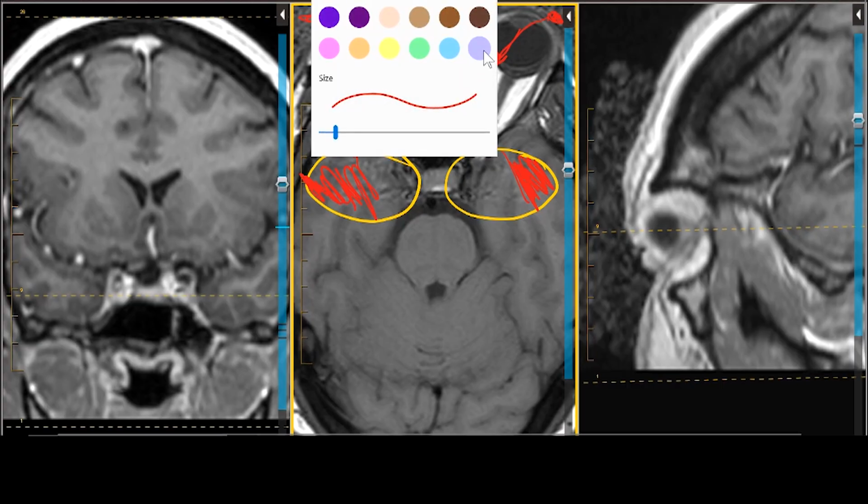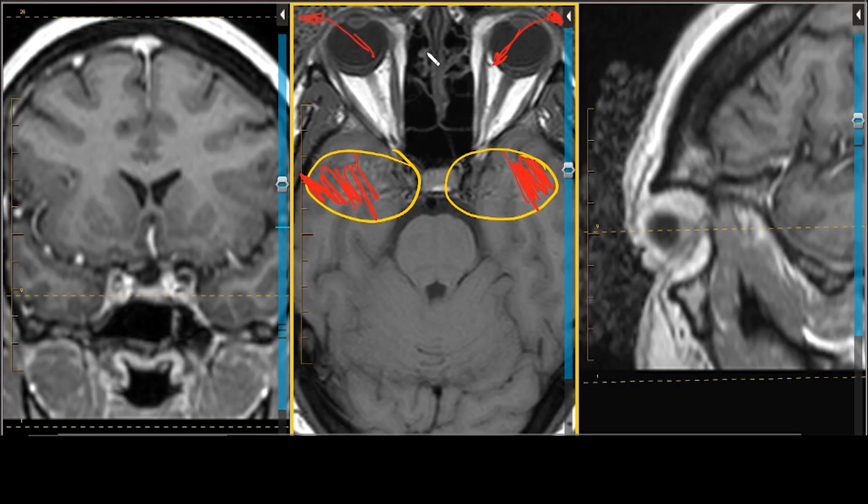Let's pick another color. Let's go with something like light green. On the other hand, the medial field, which would be here, in other words, the outside world, medially, is going to project on the lateral aspect of the globe and the retina. So that's a little bit confusing. So now that it projects on the lateral side, where is it going to come back?